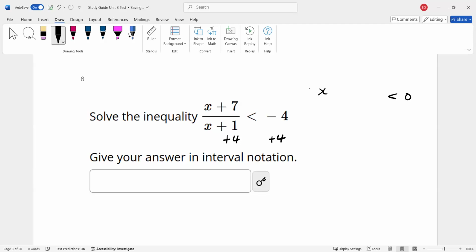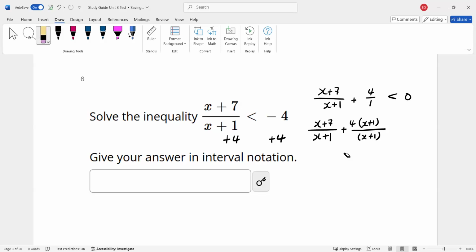The left side would be x plus 7 all over x plus 1, plus 4. We can write 4 as 4 over 1, and I'm going to multiply both top and bottom by x plus 1.